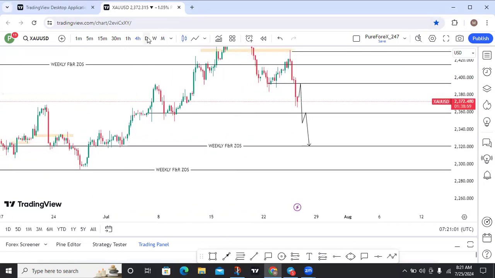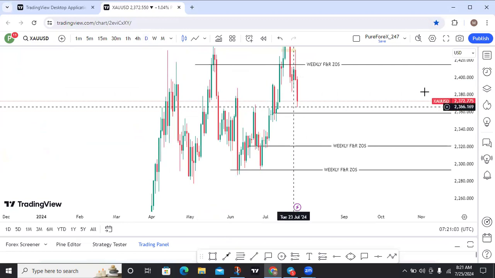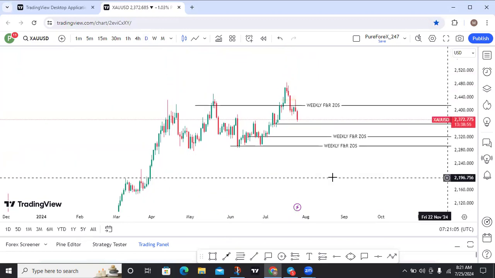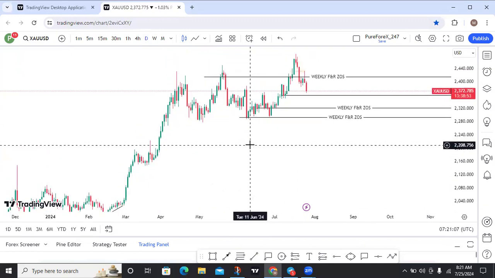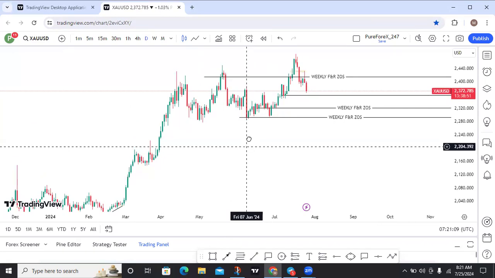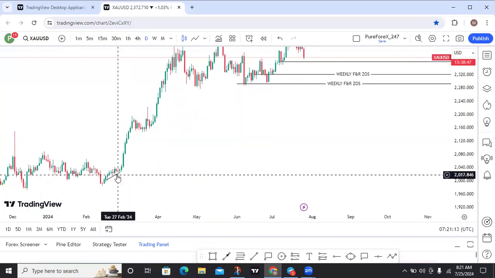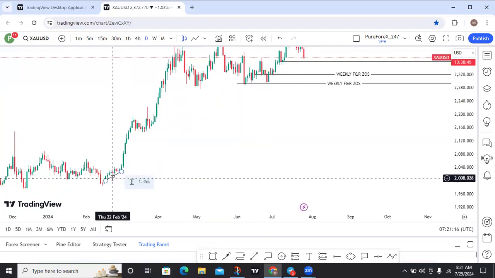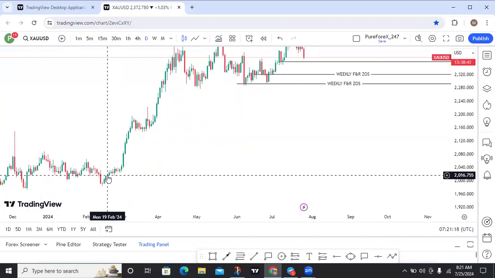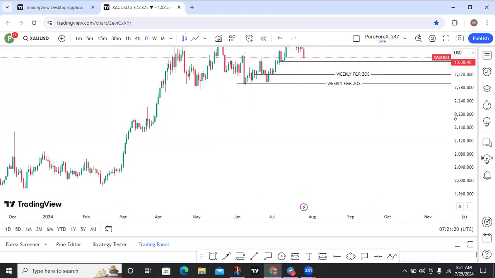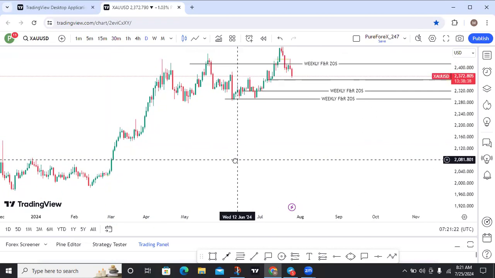Yeah, this is my submission on gold. So I know you are connecting your trend line. I'm not a trend line trader anyway, but trend line works. It doesn't mean it does not work.